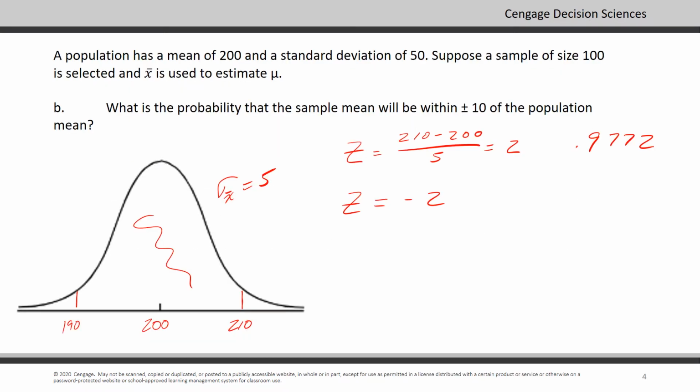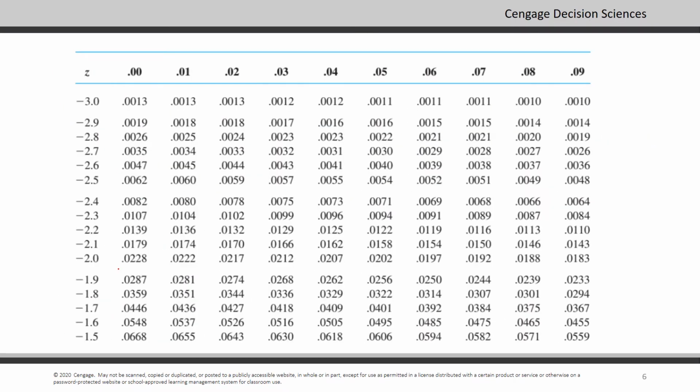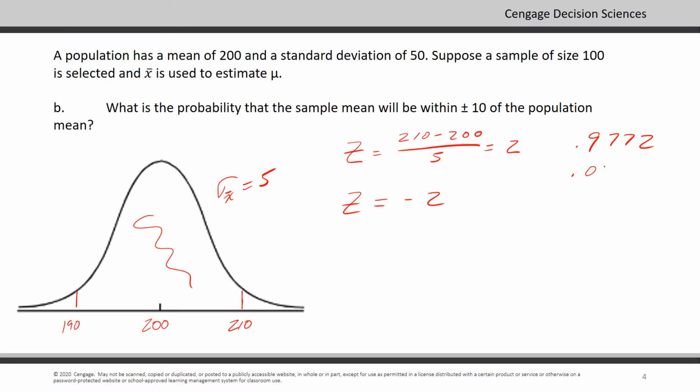And looking up minus 2, I get a value of 0.0228. And then when I subtract those two, I get a value of 0.9544. And that's the area between 210 and 190.